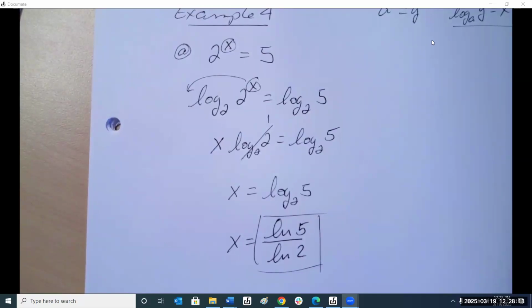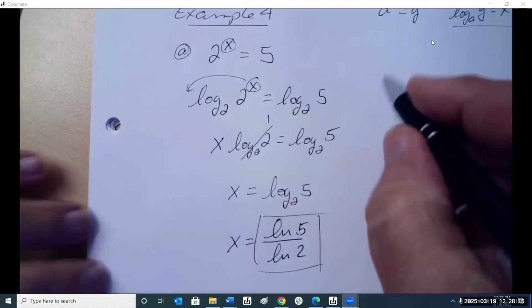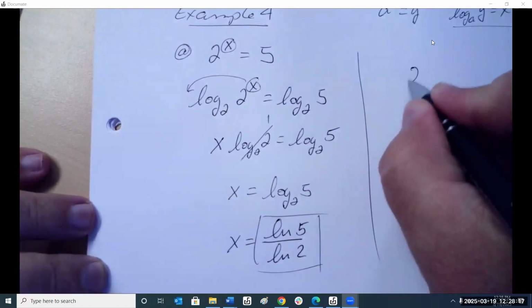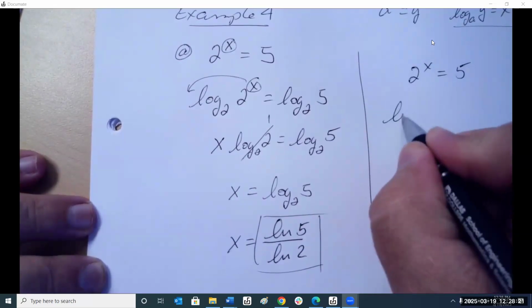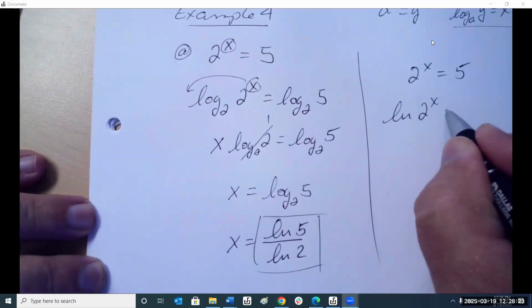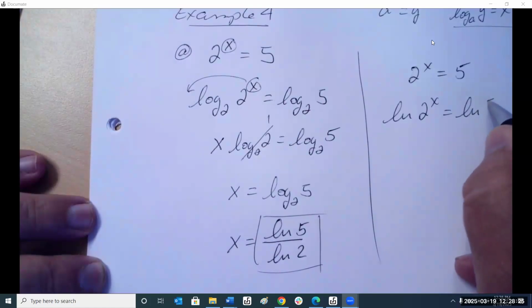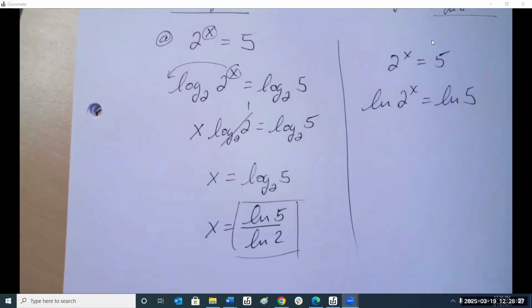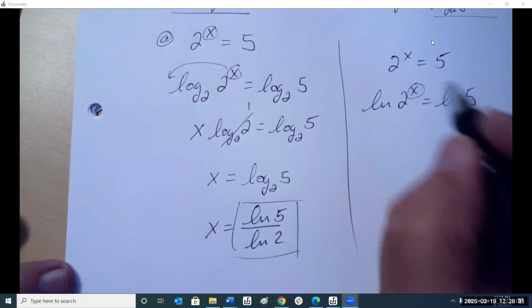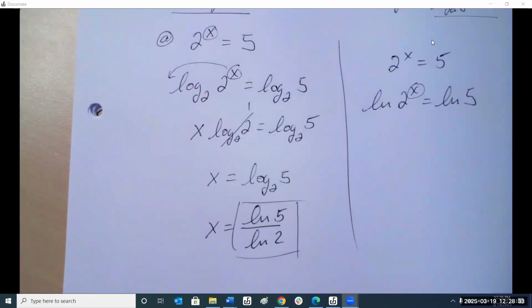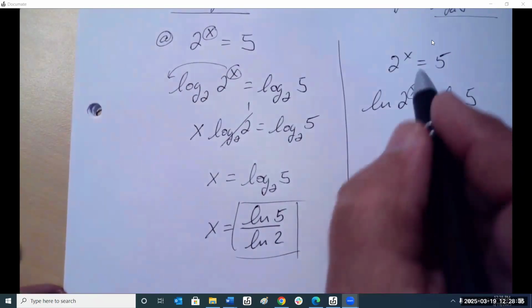But there's another way we could have done it. We had 2 to the power x. What if we took the ln of both sides? Because what does the ln do? The ln takes the x, the variable from the exponent, and puts it where? It puts it in front.